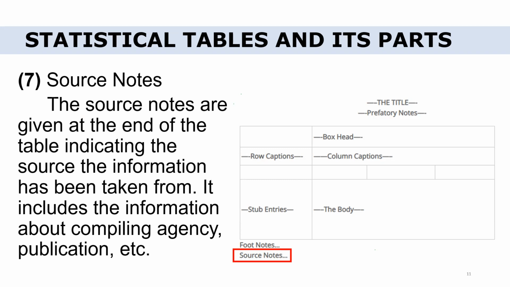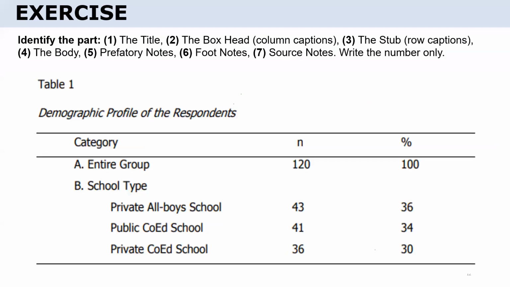Okay, so let's try the following. Now this time I would like you to identify the part. Just type number 1 if it's title, 2 if it's box head, all the way until 7 if it is the source notes. Write the number only. For example, this is the table that's found in my master's thesis.